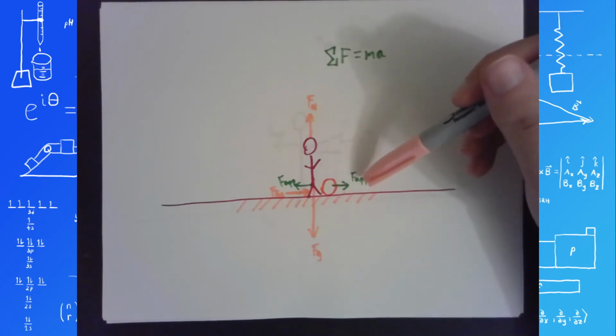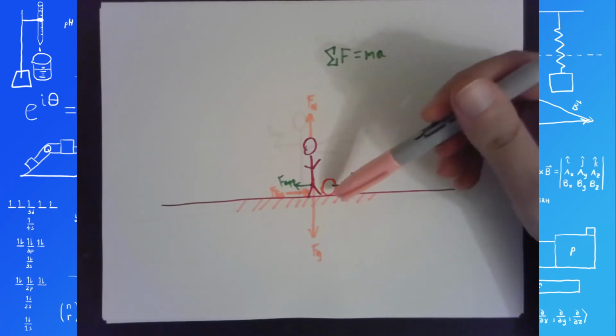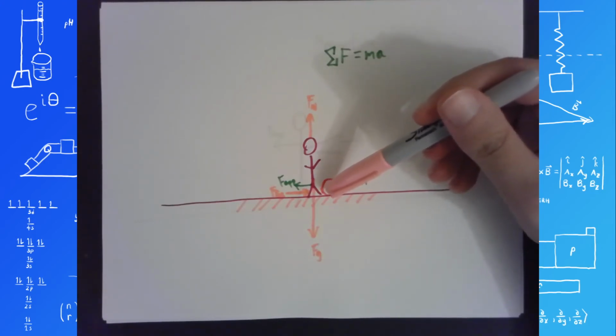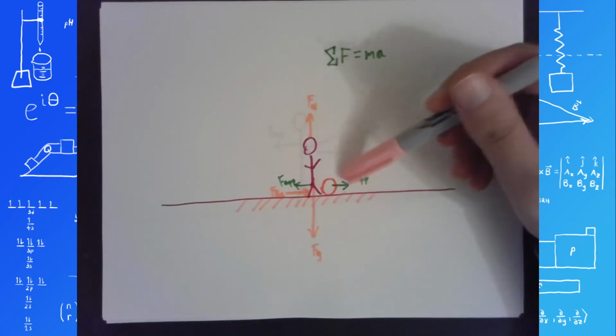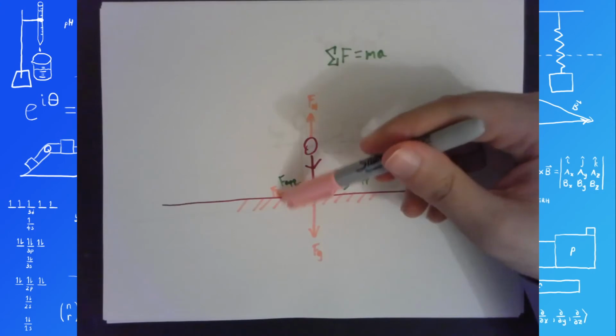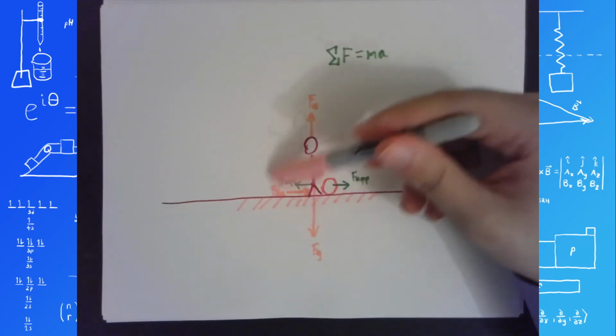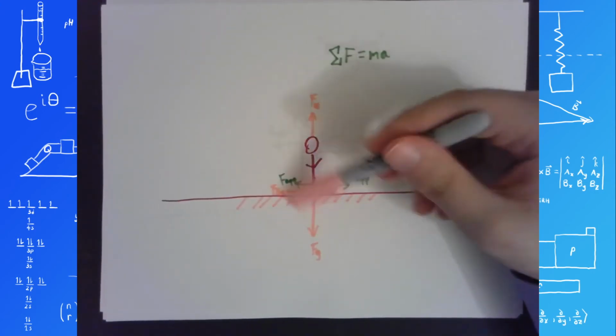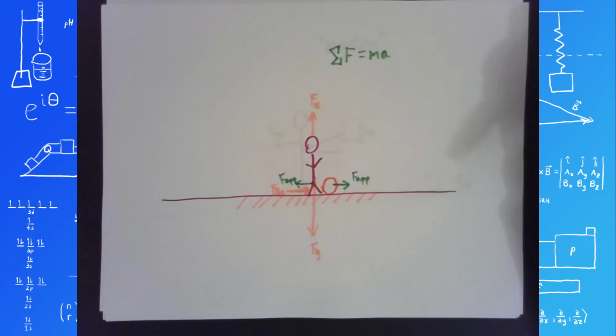But the point is, the applied force on it is going to outweigh any other forces that are pulling back on it. So the net force on the ball is going to be somewhere to the right, while the net force on the person is going to be 0 when you take all the other forces on this person into consideration.